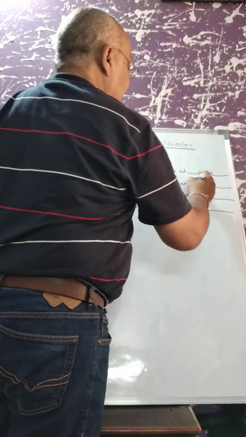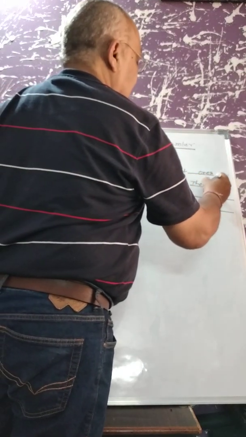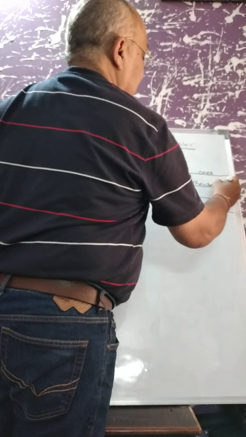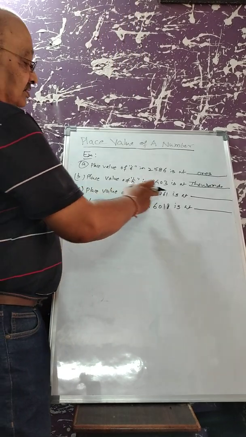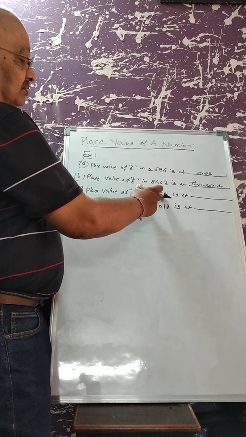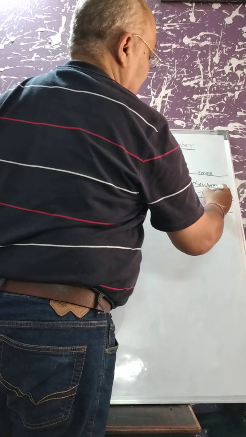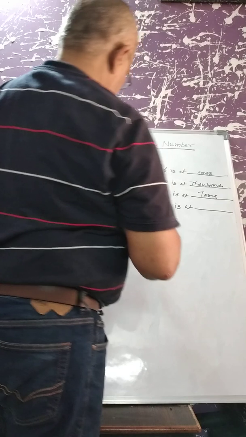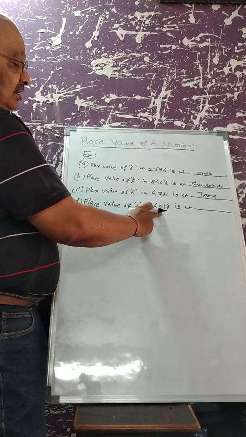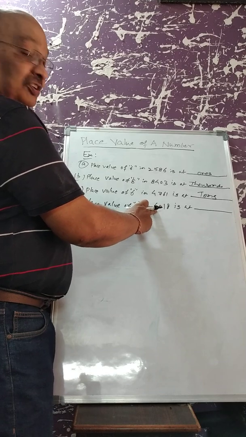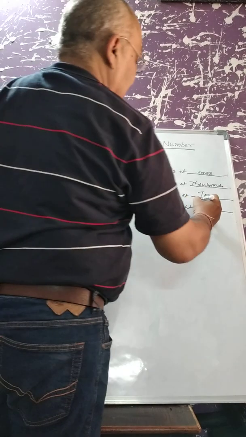So here it will be thousands. Again, place value of 6, here it is at the place of tens. So you will be writing tens. Here place value of 6 in 6018, 6 is at the place of thousands. So write it here thousands.